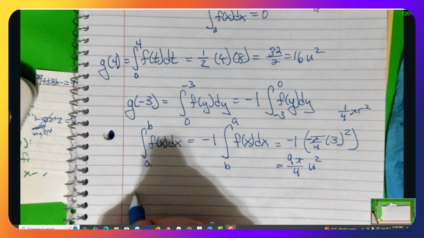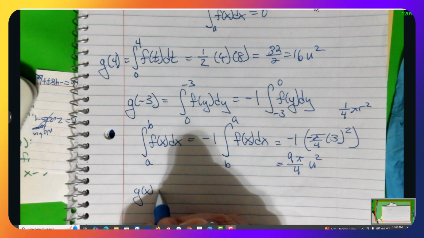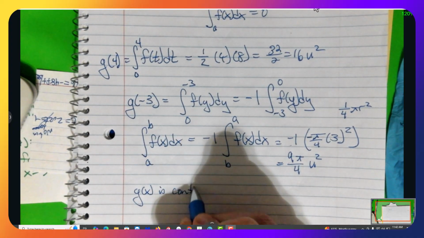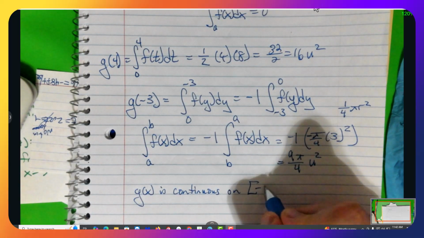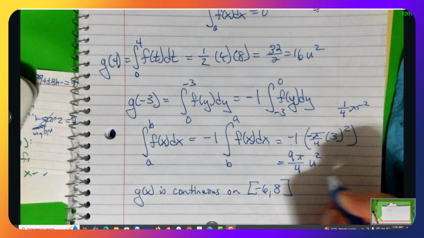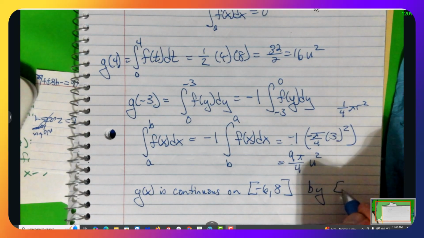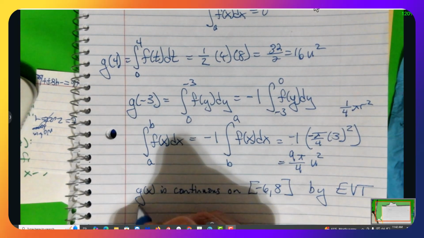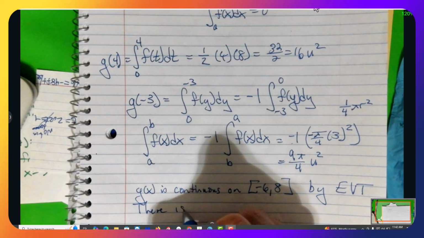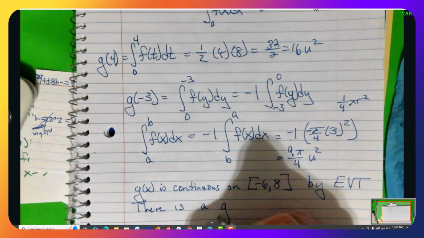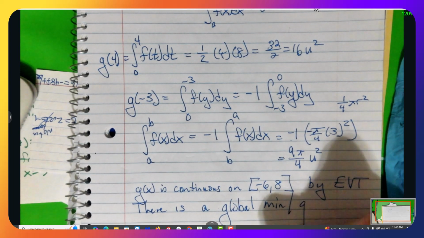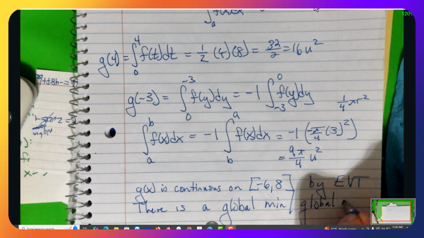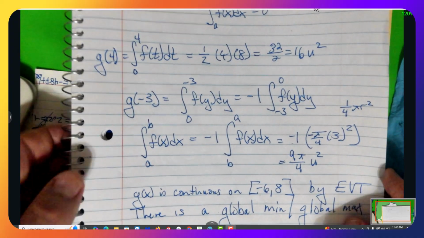So g of x is continuous on the closed interval from -6 to 8. By the extreme value theorem, there is a global min and a global max. Okay.